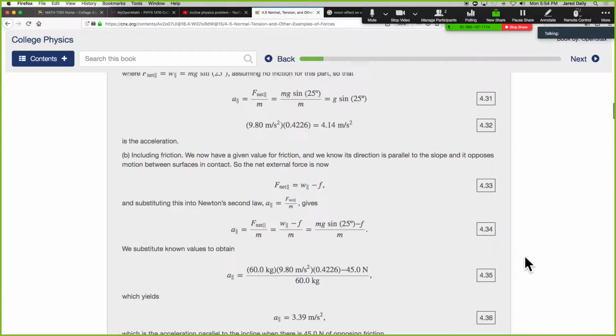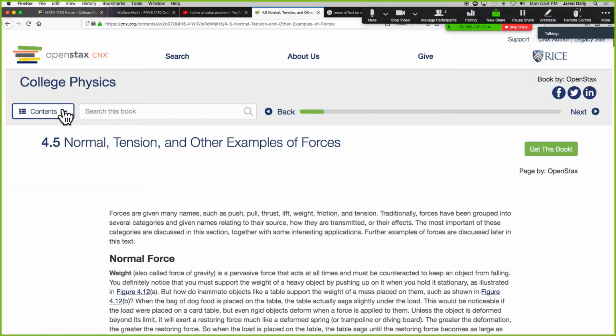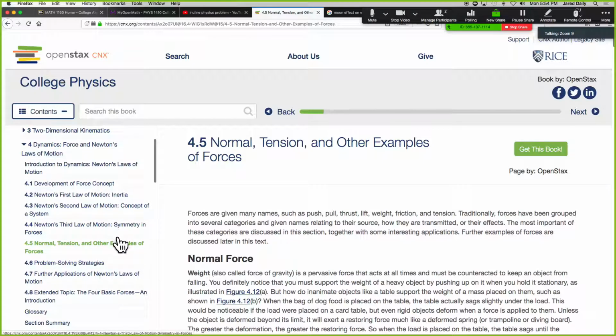We haven't quite finished this chapter yet, so we'll also cover these last two sections, which are just example after example after example. So we'll go through those examples on Thursday as well, and hopefully give you all that you need to finish up chapter 4 by the end of this week, which would be great.